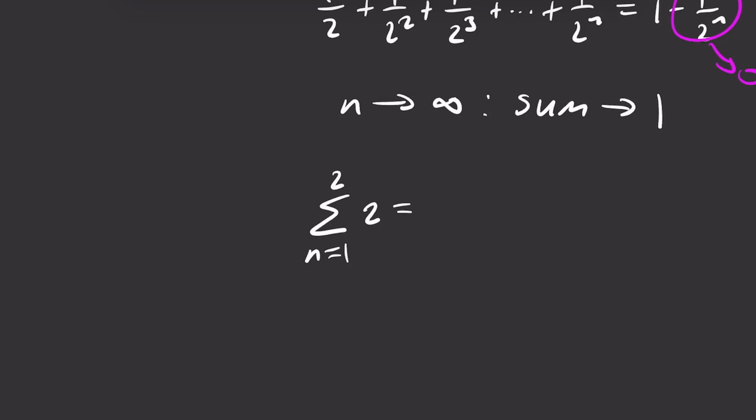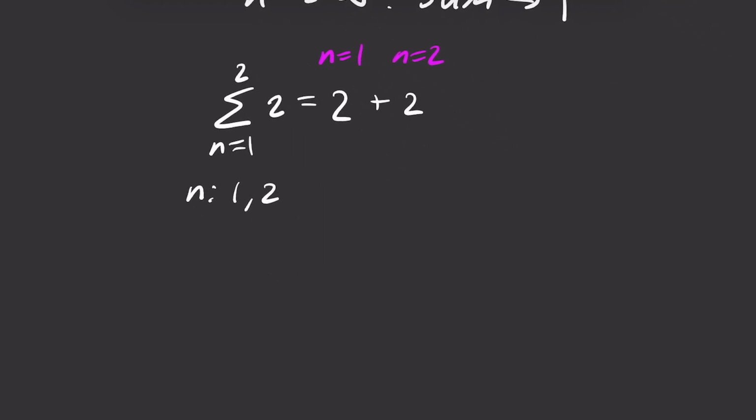So n has to go from 1 all the way to 2, and that's where it ends because that's the top part. So basically I write whatever is in here for n equals 1, and then I add to that another 2, whatever is in the sum at n equals 2.